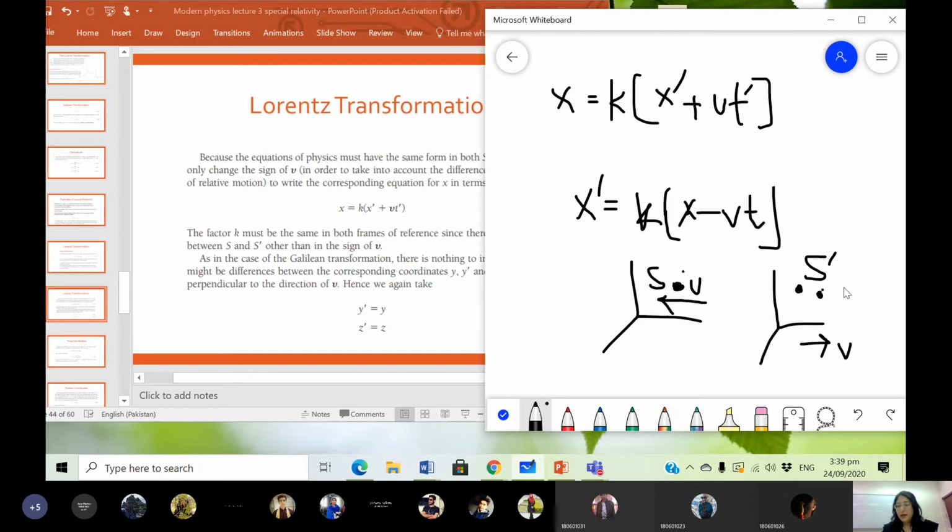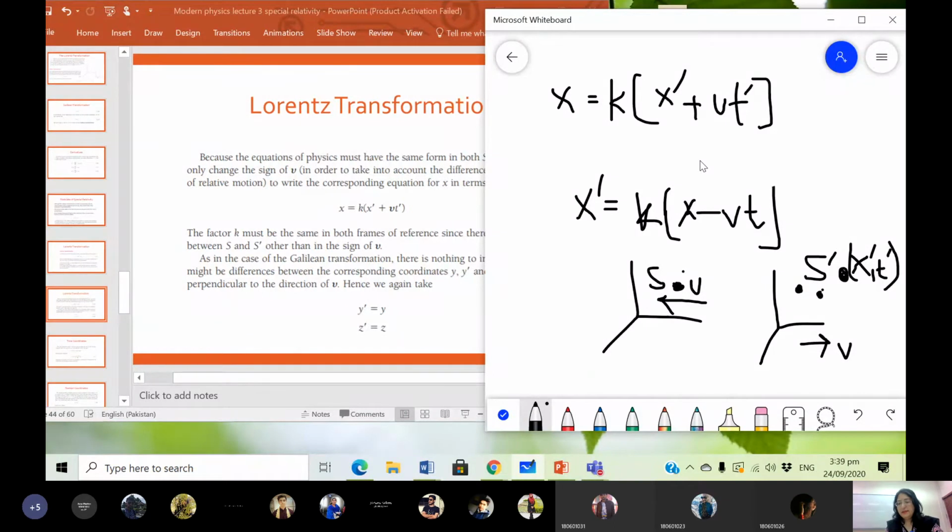So if I have coordinates of an object over here, for example x dash and t dash, we're not talking about y dash. y dash will be equal to y and z dash will be equal to z because there's no relative motion in either the y or the z direction. Make sense?